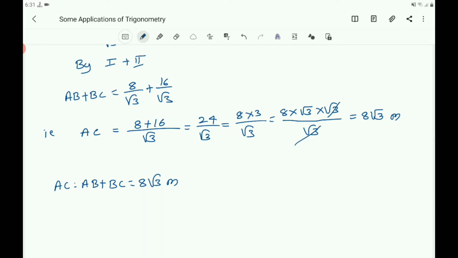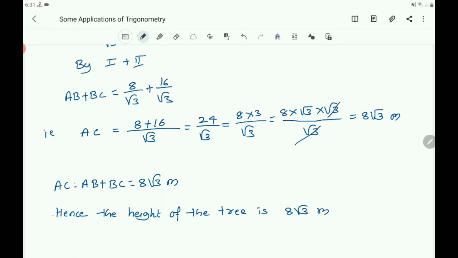Therefore you write, hence the height of the tree is 8 root 3 meter.